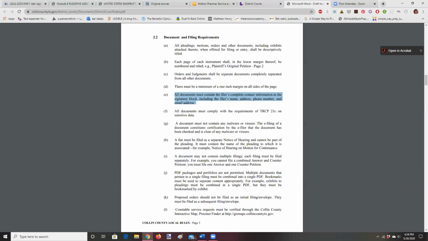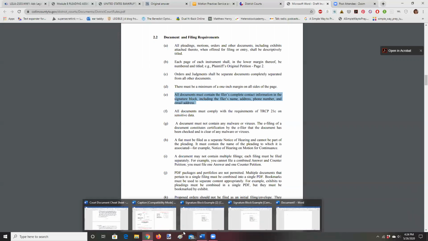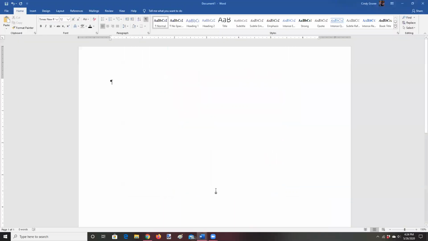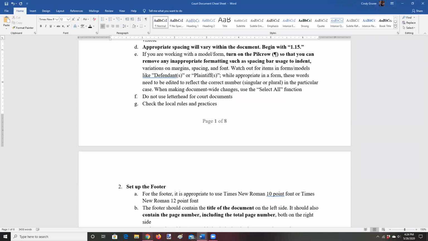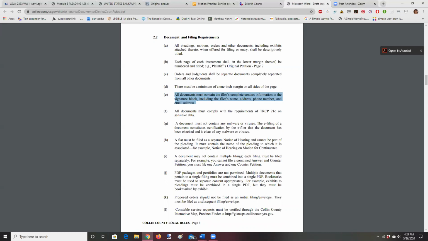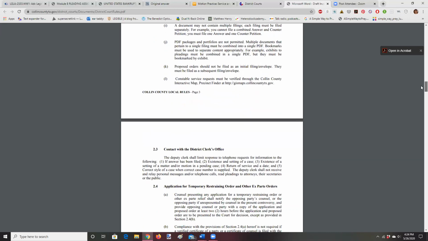You might find that there are other jurisdictions, even within Texas, that have a different requirement in these areas. So these are good to know so that you don't make any mistakes. But even with these rules, and you can see there aren't a ton of them, there's no description of what your caption ought to look like.